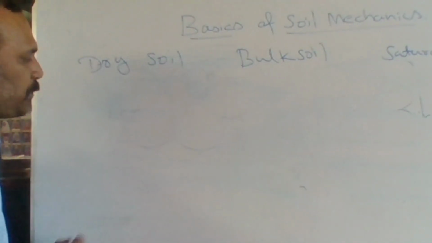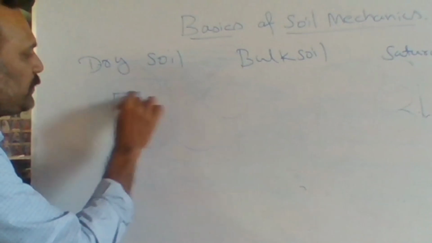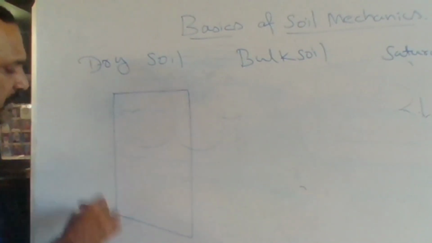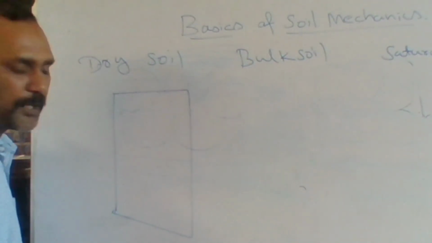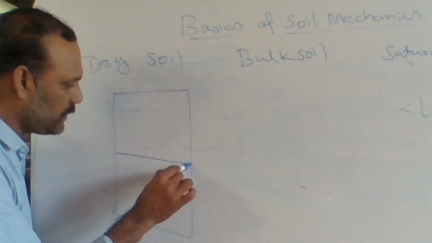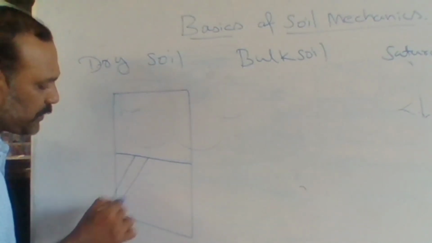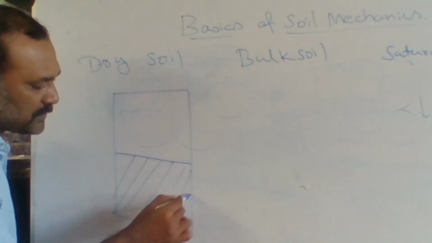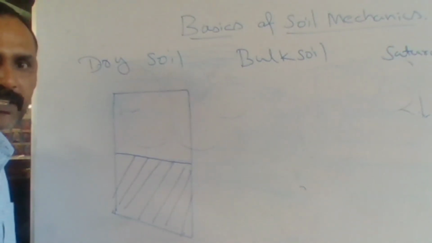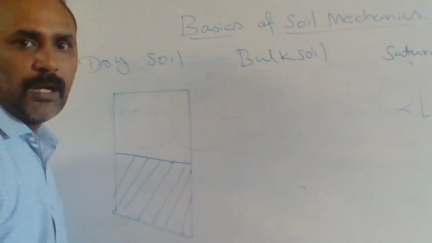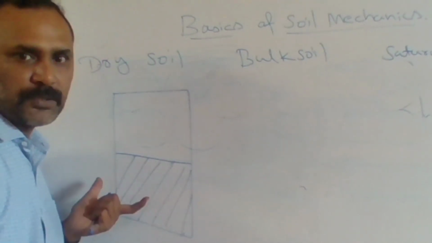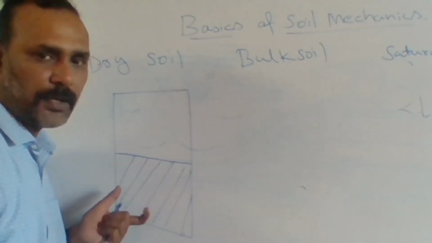In these three cases, I am going to take intact rock. This is a solid rock, right? Suppose these solid rocks are converted to soil. What happened?